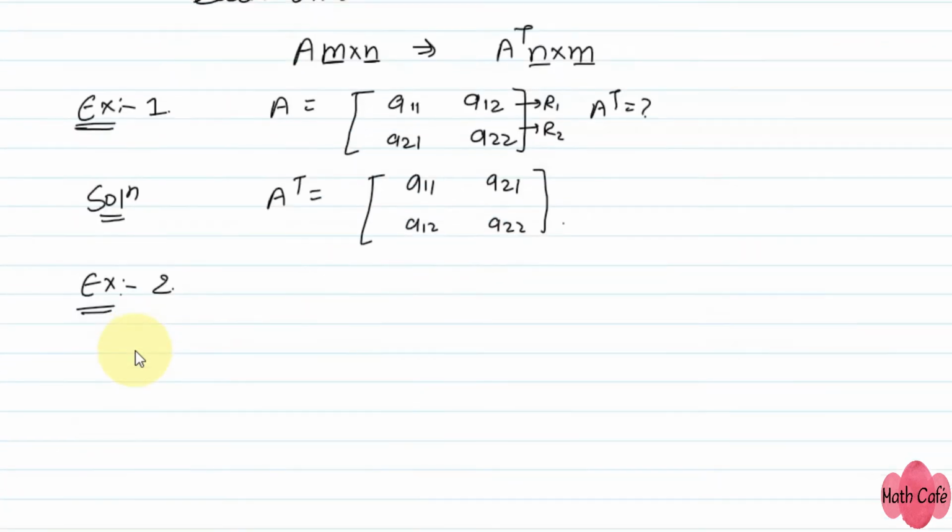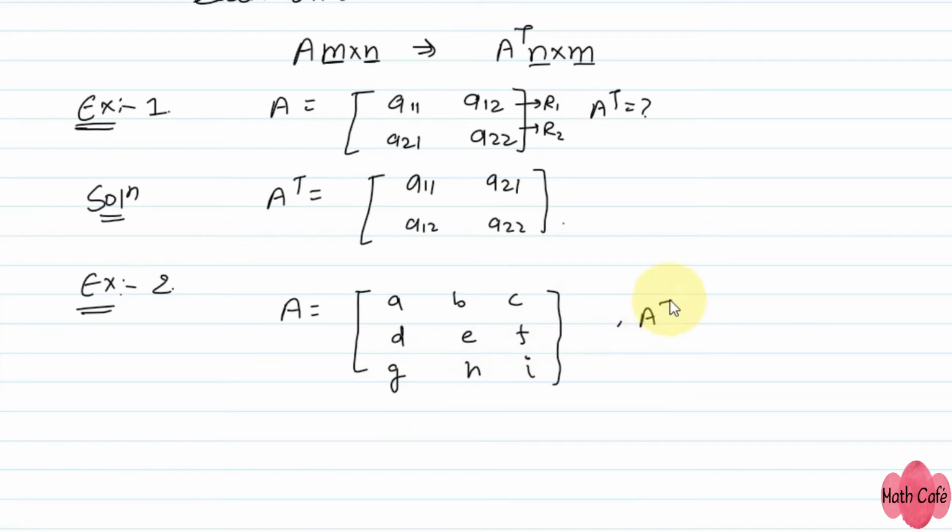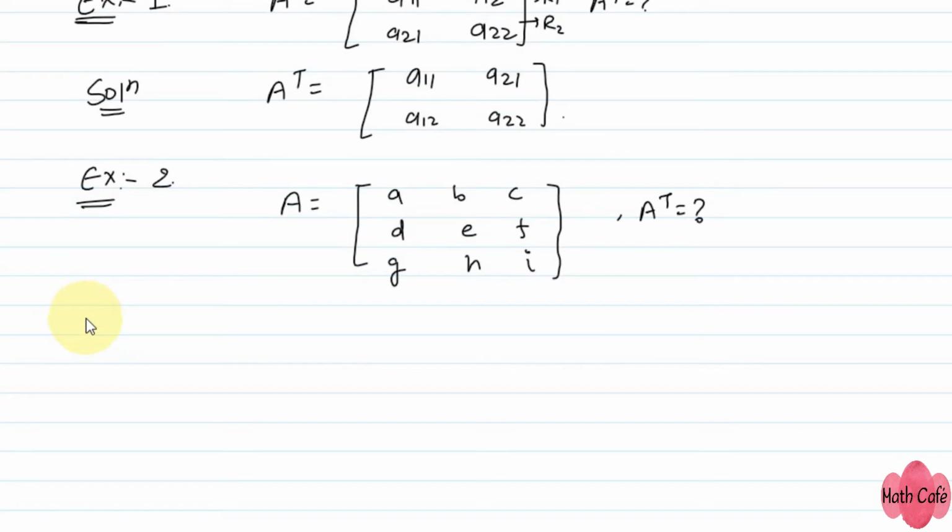Example number 2: if matrix A is written in the form A, B, C, D, E, F, G, H and I, and we need to obtain A transpose or A dash. Let's proceed with the solution.